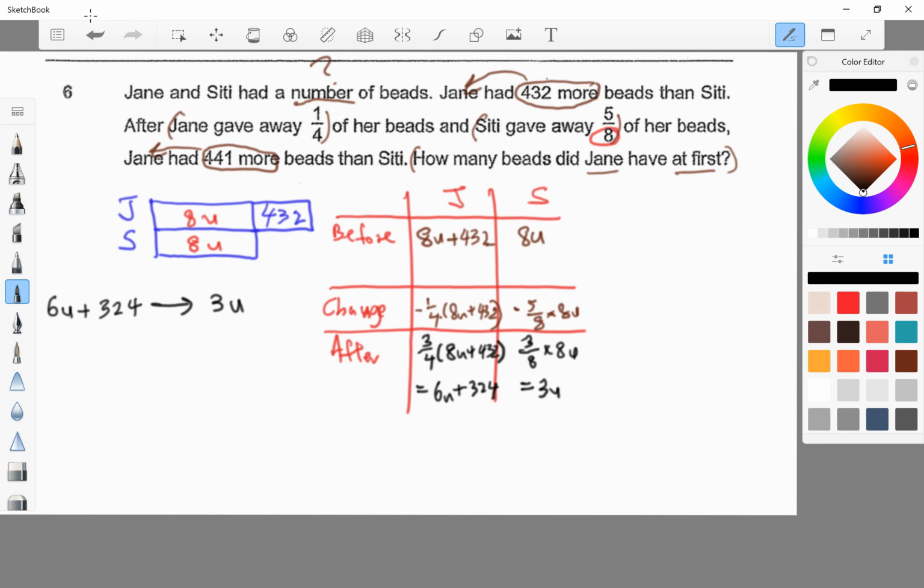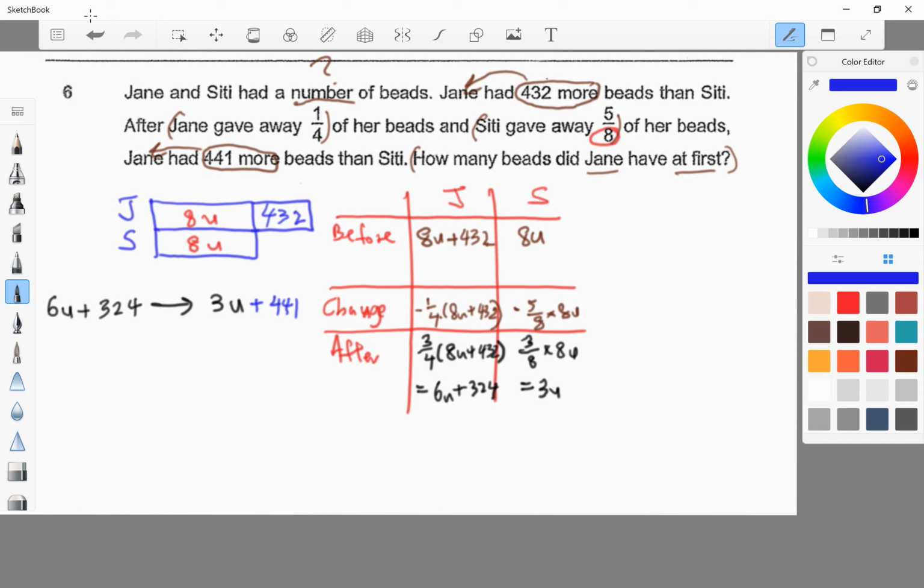So usually how I can resolve a question like this to make them equal, what I will actually tell my students is that we are going to give 441 to Siti. And when we do just that, the bits that the two girls have will be equal. Alright.